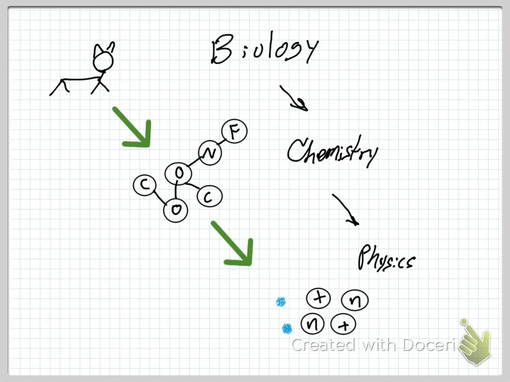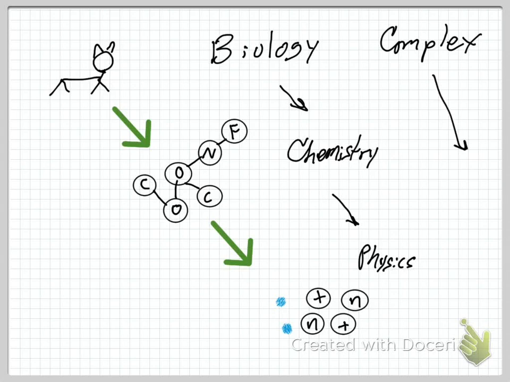So it's not to say that just zooming in to smaller and smaller is going to lead you to physics. It's really more of what we're seeing here is we're going from very complex behaviors that define a cat, and all of very complicated behaviors together make a cat a cat.